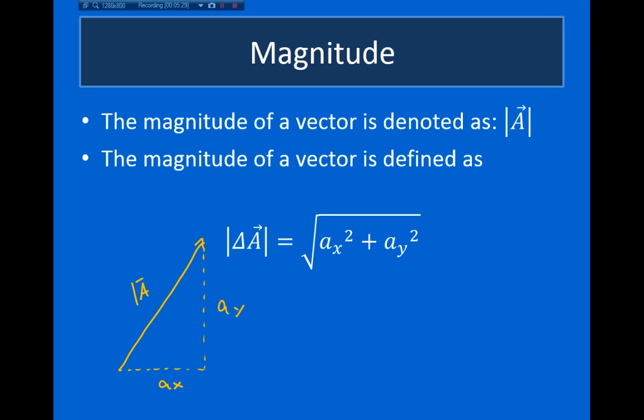The length of this arrow is going to be equal to the magnitude of the vector, because we can see that this arrow is the hypotenuse of a right triangle. And we know that the hypotenuse of a right triangle is equal to the square root of the sum of the squares of the two sides. So the length of this is going to be the square root of A_x squared plus A_y squared, which is the same as the formula we get for the magnitude of a vector.